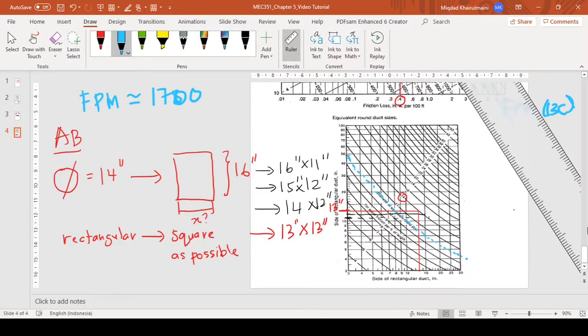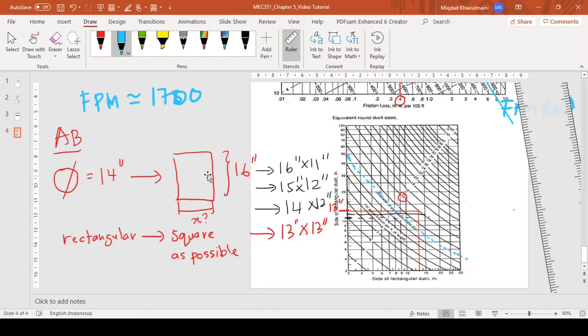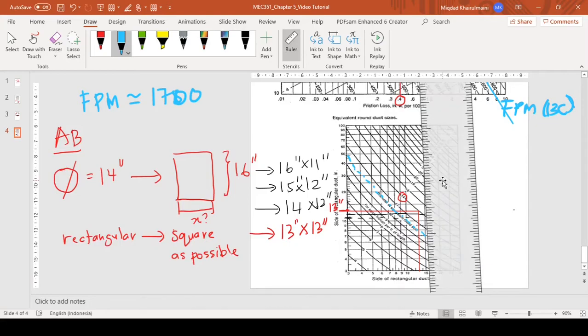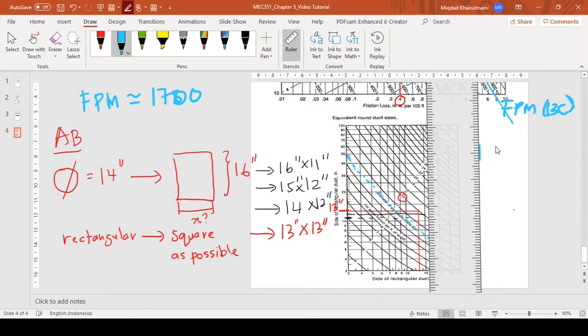So remember, the maximum for BC will be 16. Okay, so the maximum height will be 16. For a maximum of 16 inches, it will be 7.5 here.